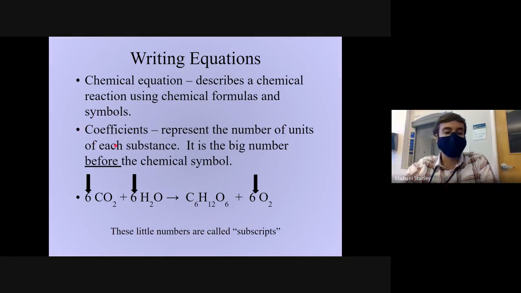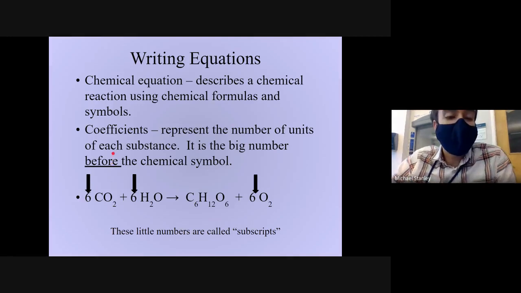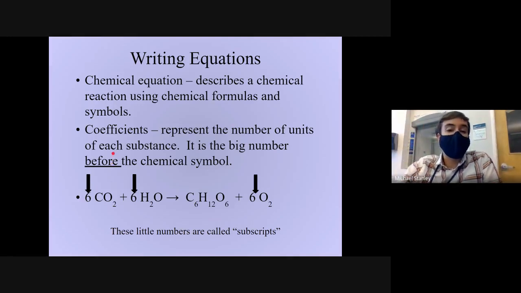Coefficients are these big numbers in front of the different atoms. A coefficient just represents how many units of each substance that we have. It's the big number that comes in front of the chemical symbol.